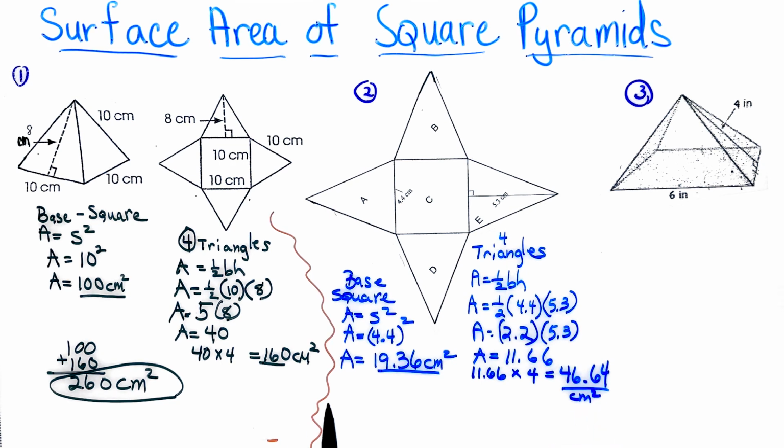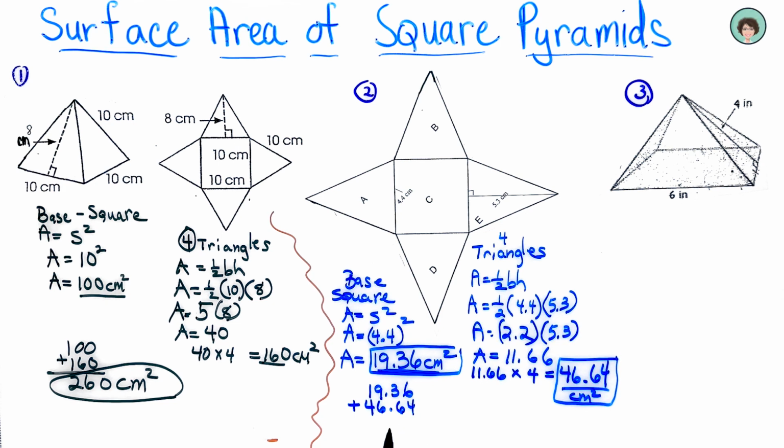So now to finish this problem, we are going to take the area of the base and add it to the area of the 4 triangles that we have. So 19 and 36/100 plus, notice that I am lining up my decimal points when I go to do my adding. That's very important.